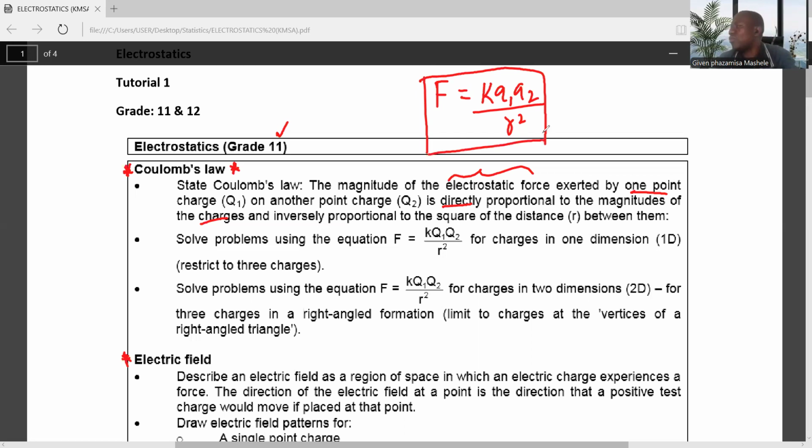It's very important to be able to relate these formulas in terms of the force, the charges, and the square of the distance between those two charges. We know that the charges are always measured in coulombs.